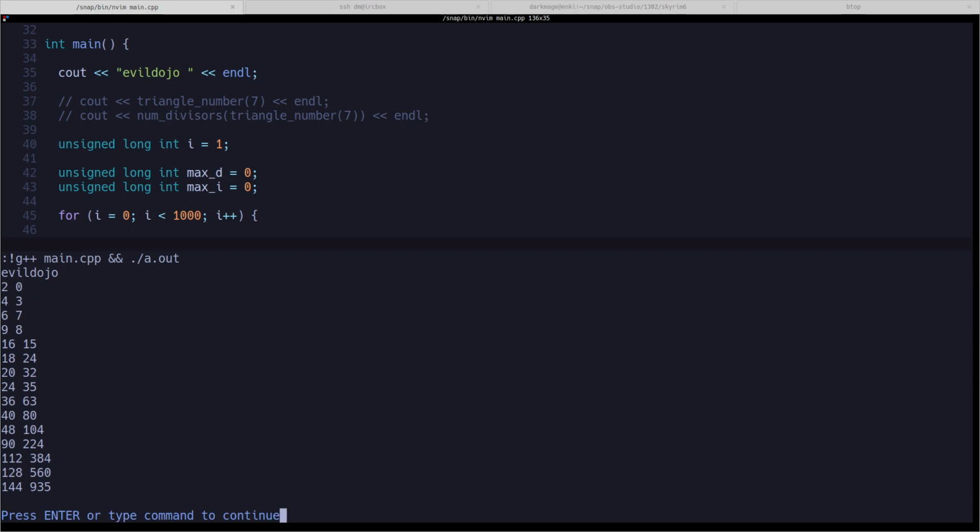Okay, so now we're getting maxes, which is nice, because it gives me an idea of how far up the chain we're gonna have to reach. So every time we hit a new maximum, we got the index of where that number occurred. So for instance, the 935th triangle number.